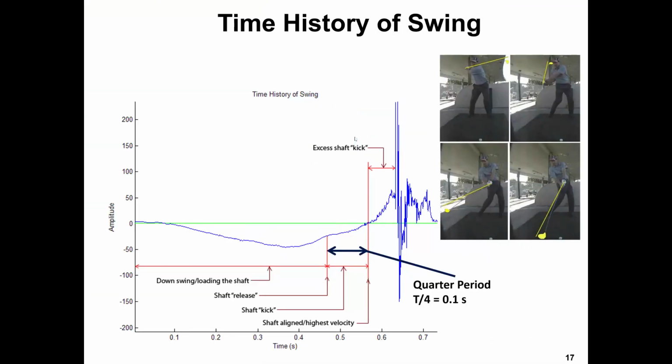Then they ended with some tests where they measured the flexing of the shaft during a swing. Here you can see the ideal scenario where the shaft is loading and unloading, only in this case it unloads and goes beyond the unloading point, and the impact happens out here. So they were able to see that this shaft was not tuned correctly for the swing speed of the person who was using it.